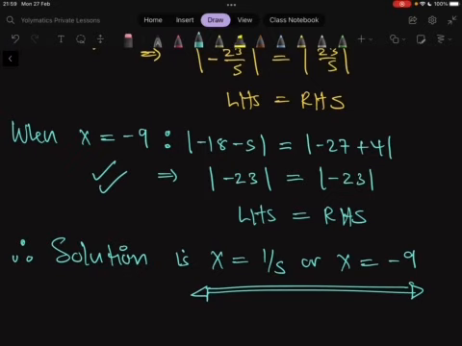So it will be good to redo some of the problems that you would have solved using the formal definition of the absolute function, and see if you will always land on these solutions that we have discussed here. But before we move on, first I have to point out something.